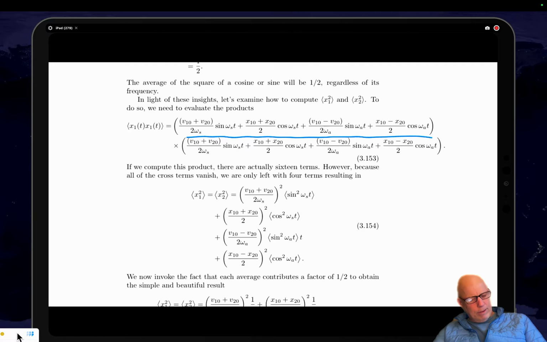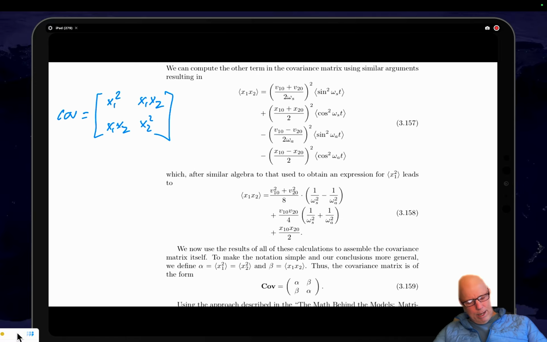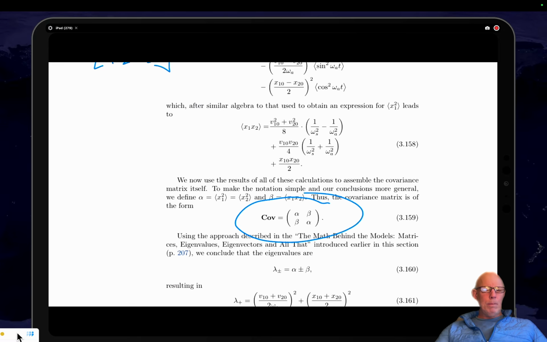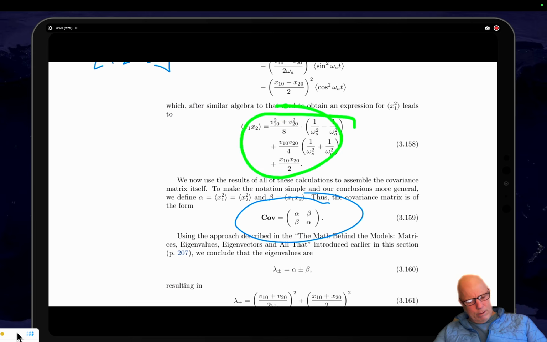So that's x1 of t. I plug that in, I turn the crank, and when all the dust settles, the covariance matrix has this extremely simple form, where alpha and beta are parameters that depend on all this stuff that you see right here. In other words, that big mess is beta.